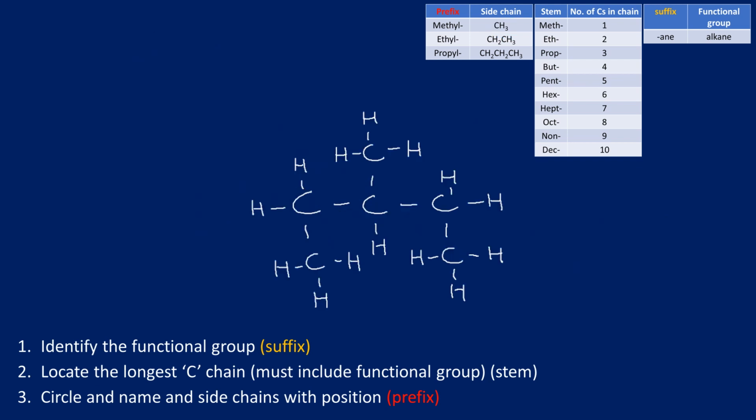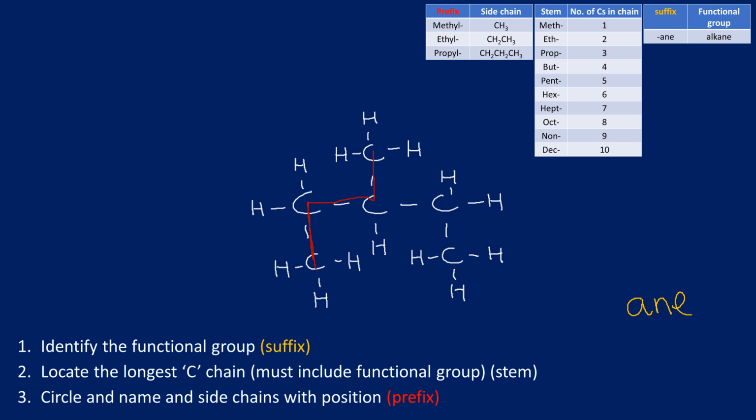Next example then. Number 1, identify the functional group. Well, again, it's just a hydrocarbon with only single bonds, so it's an alkane. So we already know that the suffix is going to be ane. Now I need to identify the longest carbon chain. 1, 2, 3, 4.